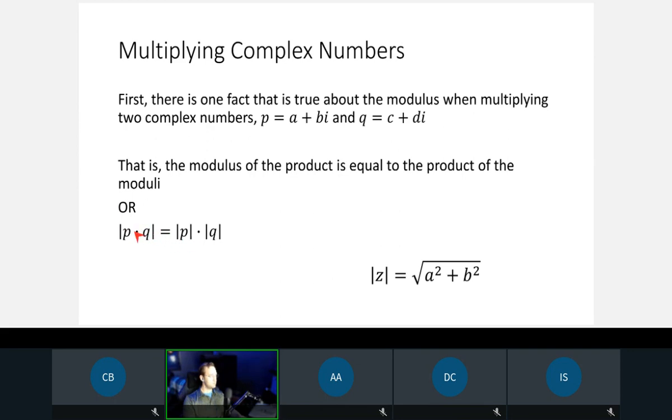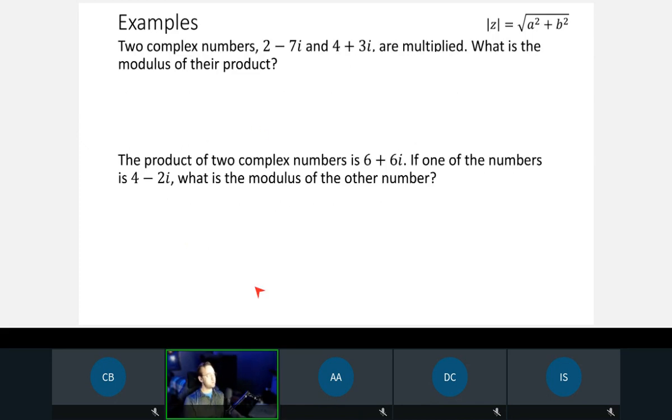We could do what Emily says and multiply them together first, then find the modulus, or find the modulus individually and then multiply those answers. Either way is correct. We are going to get the same answer. And I kind of wish I would have shown the work for both of them.